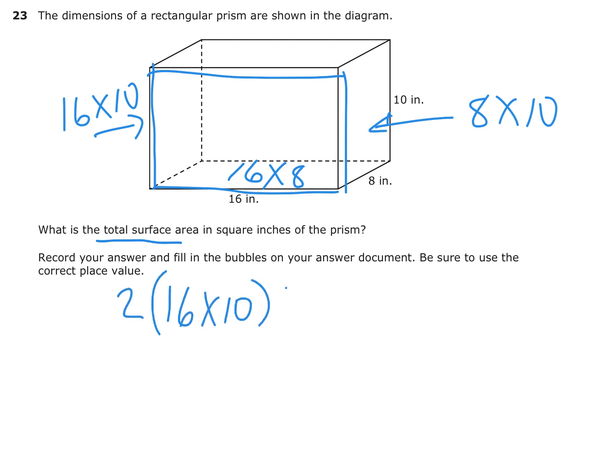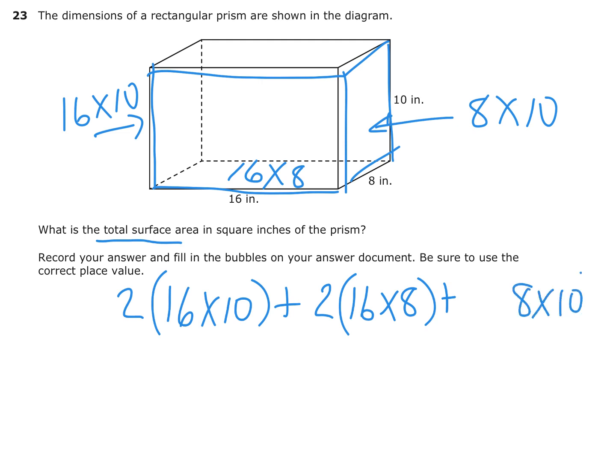The bottom base and the top base is 16 by 8, and we have 2 of those. The right side is 8 by 10, and then the back side is 8 by 10, so we have 2 of those.